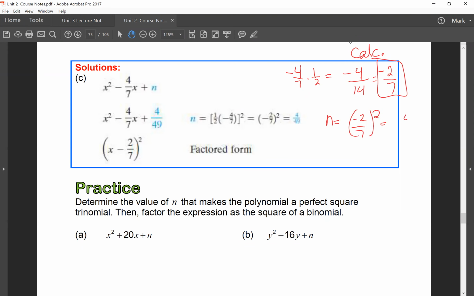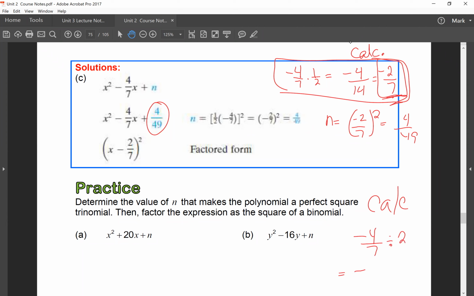So I'll get 4 over 49. That's where that comes from. But the reason I did all this work up here is to show you where negative 2 over 7 comes from. And guys, if you put negative 4 over 7 divided by 2 on your calculator, you will get negative 2 over 7. So you can try that on your calculators.